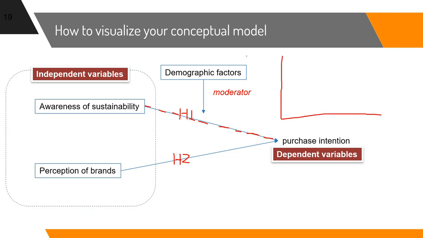Generally, purchase intention we put as the Y variable, purchase intention here, and awareness of sustainability here as the independent variable. So the independent variable is always on the x-axis, and the dependent variable is always on the y-axis.